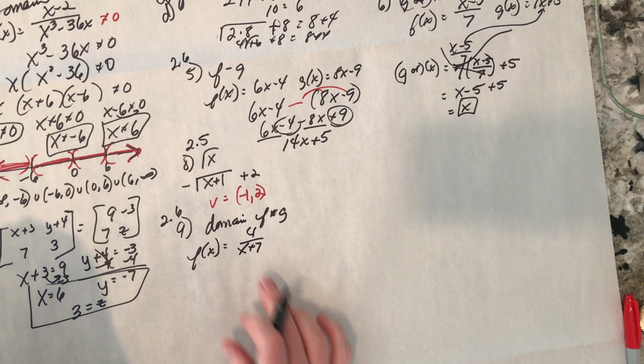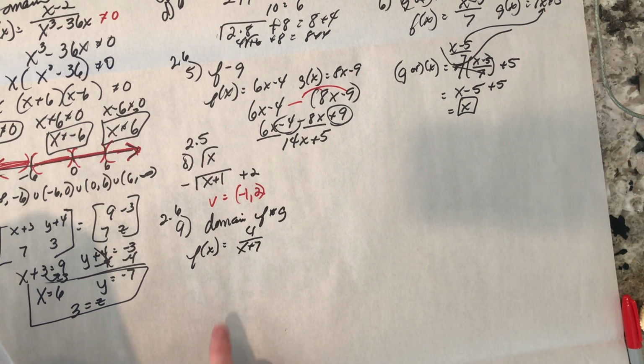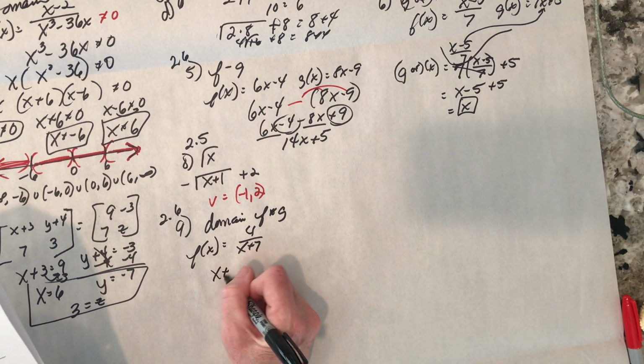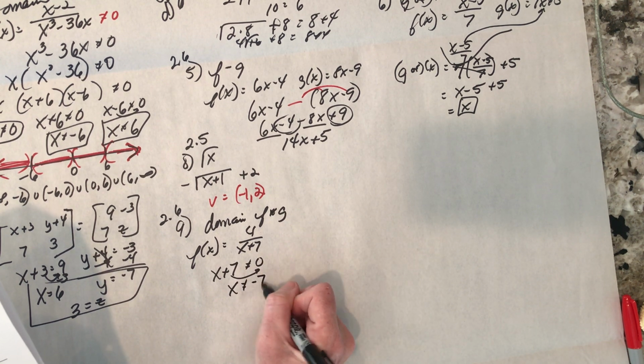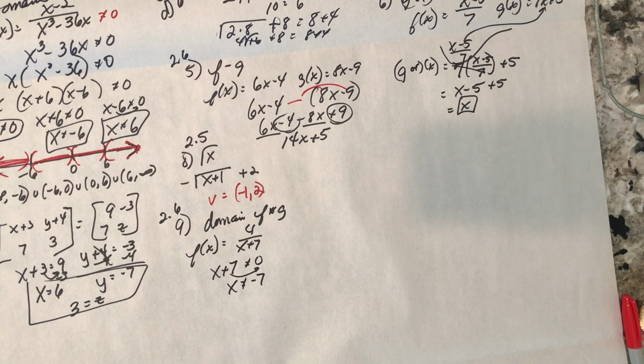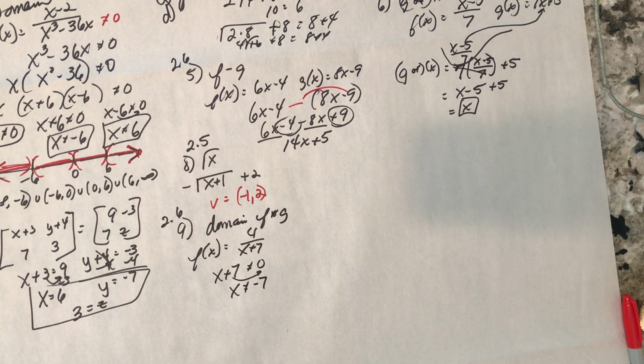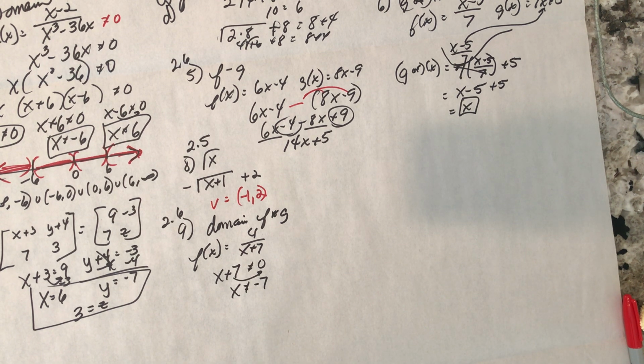So all we've got to worry about is that denominator. We've got to make sure that that denominator, x plus 7, does not become 0. Move it over, and that says that x cannot be negative 7. Doesn't matter what's happening on g because it doesn't have a denominator. Or, if you remember, a radical. We're not worrying about radicals on this test or on the final.